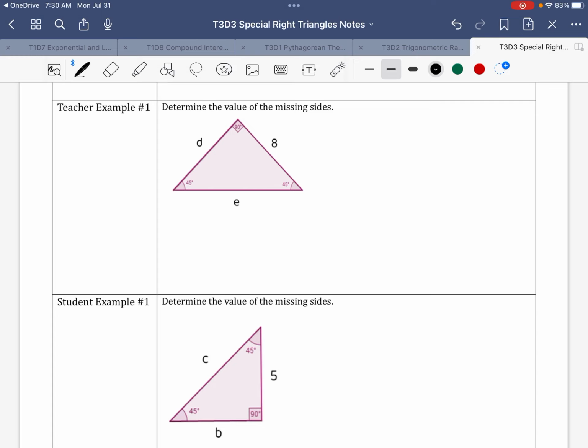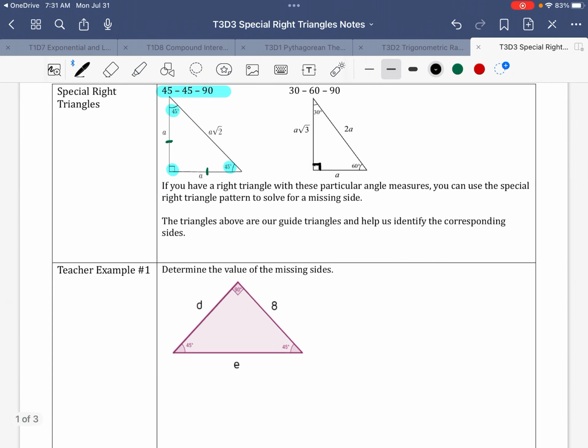What I can see right off the bat is that I do have a 90 degree angle and I have my two 45 degree angles, right? So what I'm going to do first is draw my guide triangle in the same orientation as the triangle that's given to me.